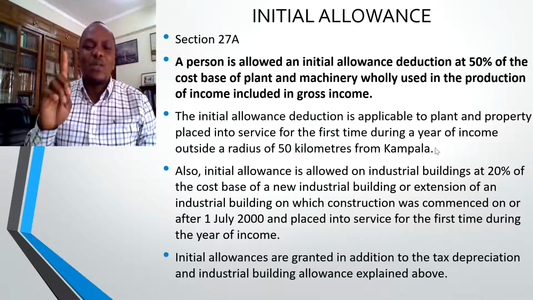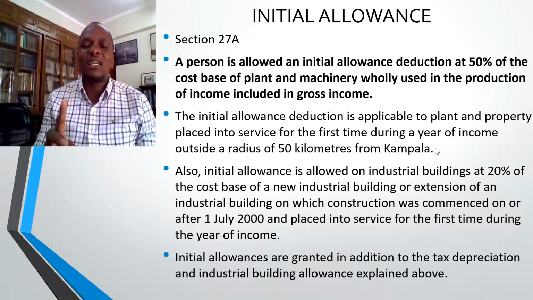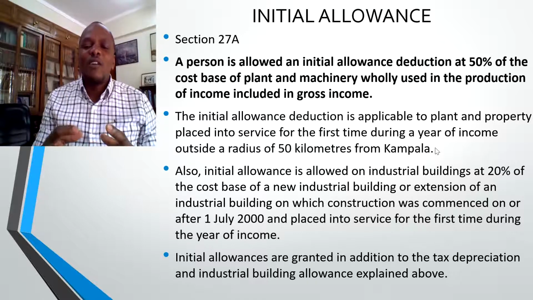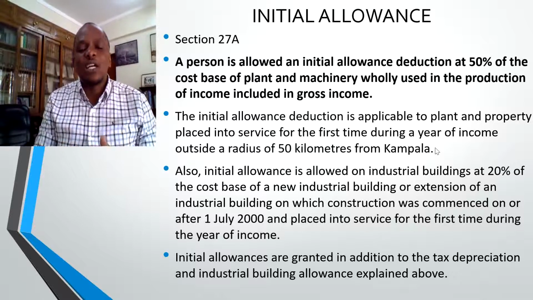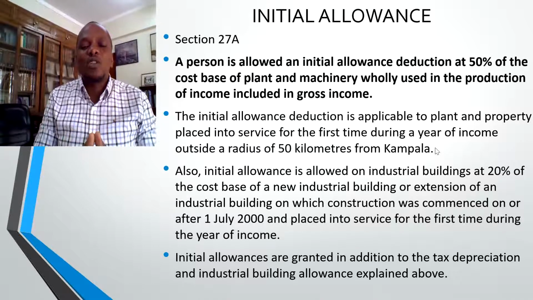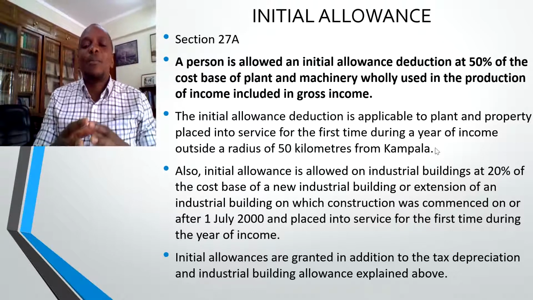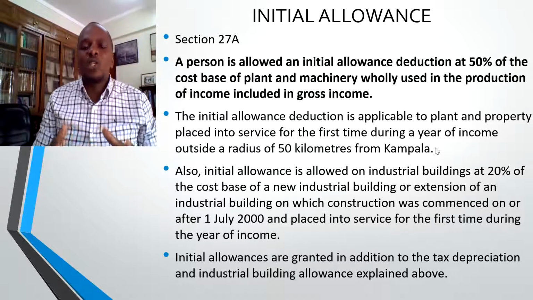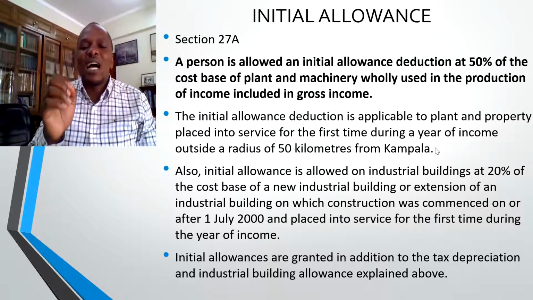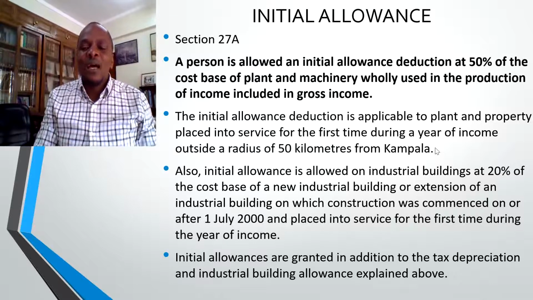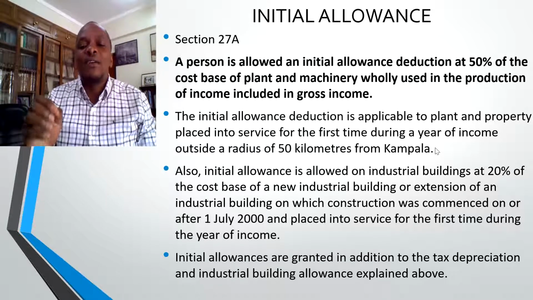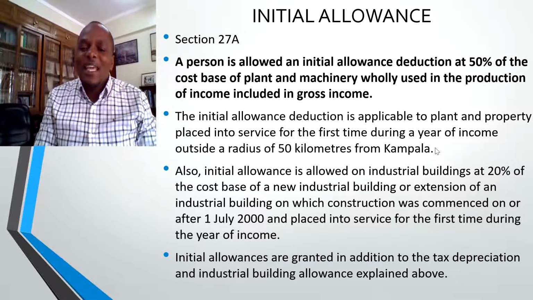Remember what we said about general deductions, that any cost of a business, for it to be allowed as a deduction, must be a cost that has been incurred in the production of income. If it's a private cost, let me say you bought yourself a house for your personal use, that cost cannot be allowed as a deduction for purposes of arriving at your chargeable income.